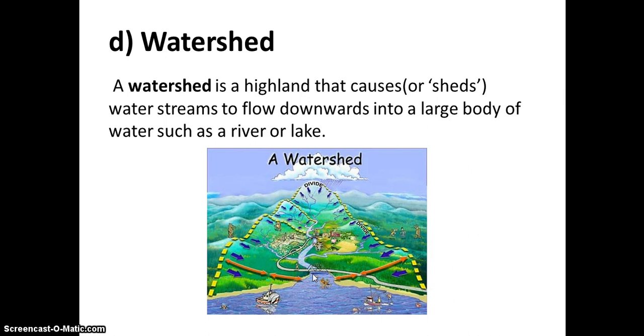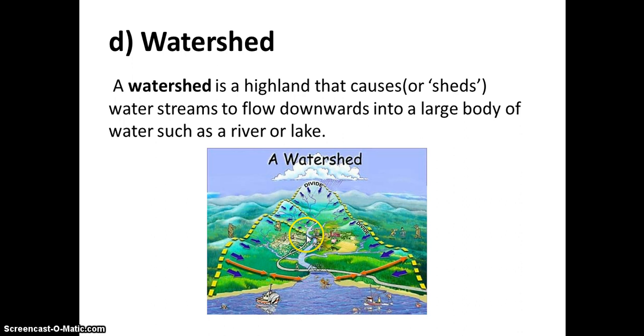So you can see that this river and this other one coming from the highland and all these other small ones, they've been separated because of the shape of the land. Part of it is high, part of it is low, and so that causes water to flow downwards into a large body of water. So a watershed is a highland that causes or that sheds water streams.